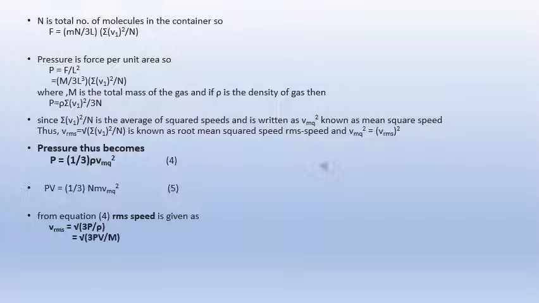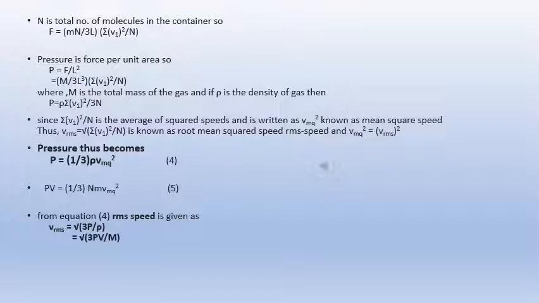We get the value of pressure as 1 by 3 rho V square, or pressure is equal to 1 by 3 n m V square. From here, equation 4, we can get the RMS value of speed also as root 3P upon rho. So the pressure exerted by the gas is 1 by 3 rho V square, where V is the RMS velocity.